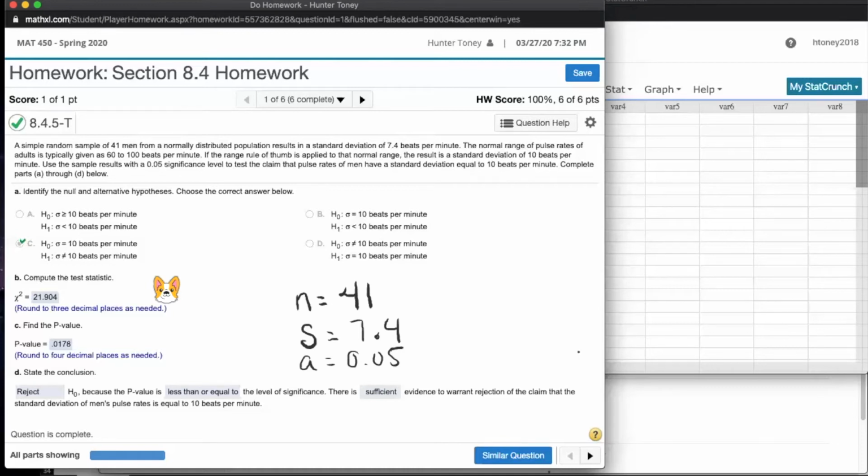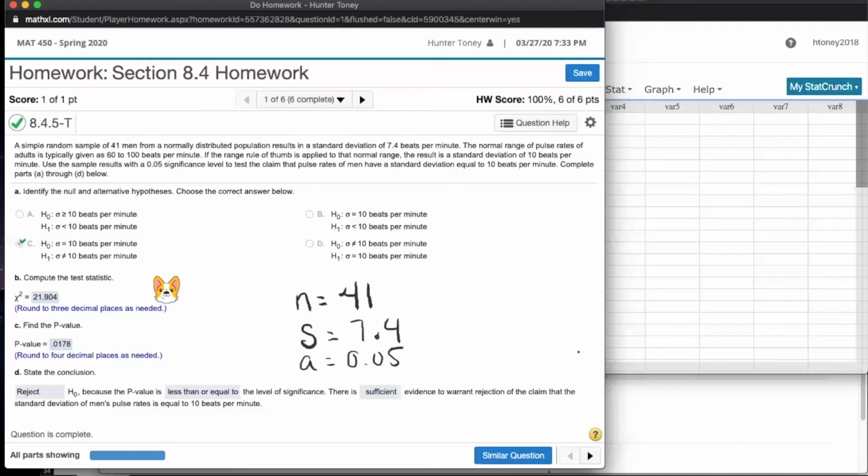We don't really need a lot for our standard deviations because we're just measuring how far they are from the mean. So there is a way to do this on the calculator, but I think it's more effective to show you how to do it in StatCrunch. So StatCrunch only has an option to use variance. So if you remember the relationship between variances and standard deviations, your variance is just your standard deviation squared.